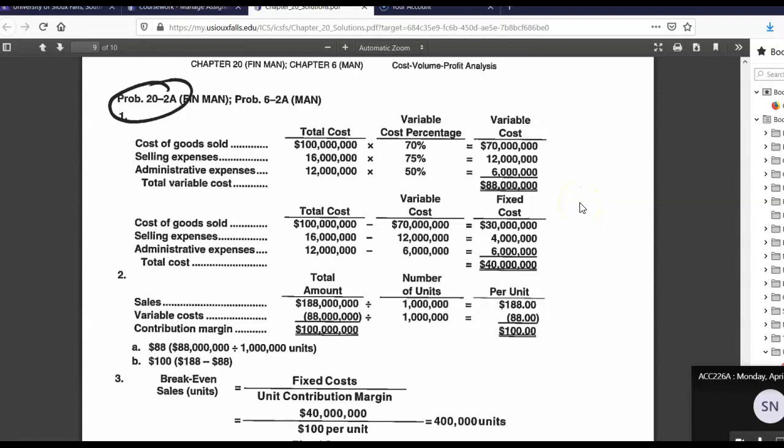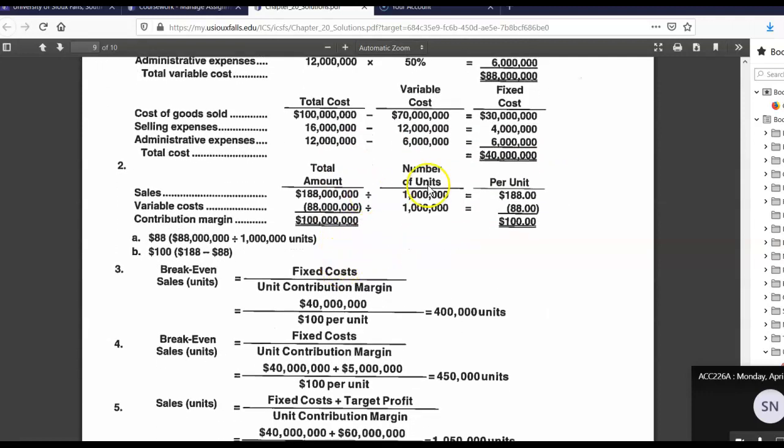Number two, it says determine the unit variable cost. Well, that is right here where we figure out sales and divide by the number of units that we're producing. That was the very first sentence there: Portman Company, operating at full capacity, sold 1 million units at a unit price of $188.